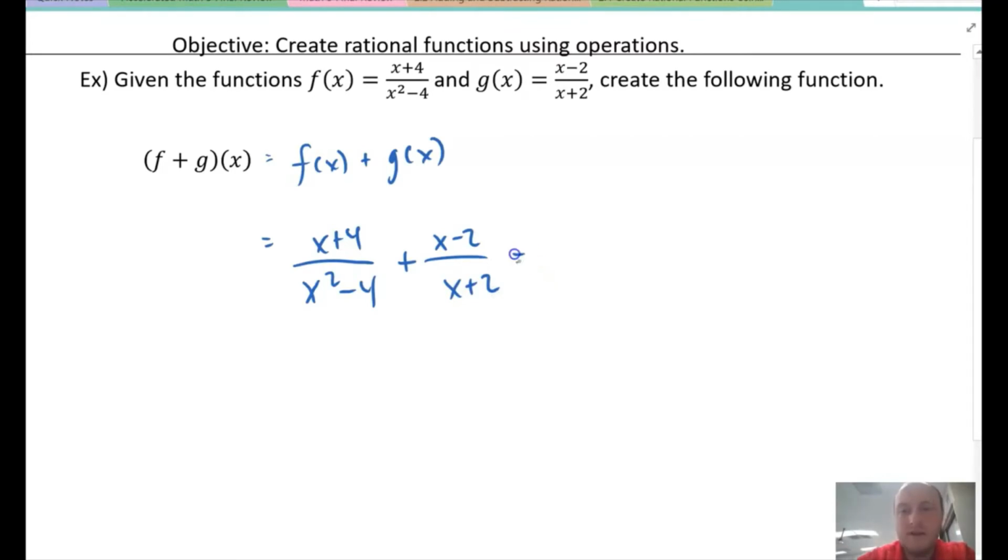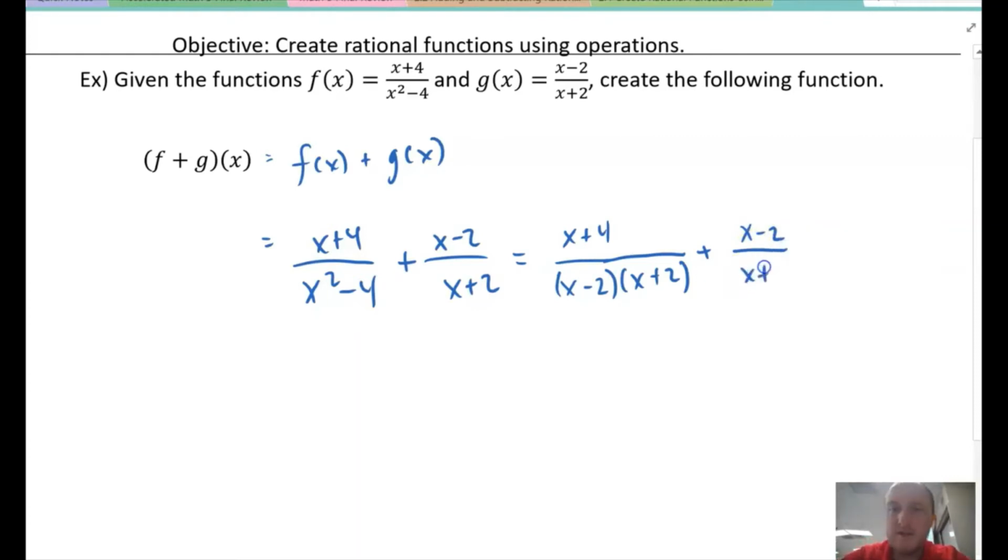We can factor this: x minus 2 times x plus 2. If you see that right away and you want to do that, feel free to jump right into the factoring. It will save you a line.